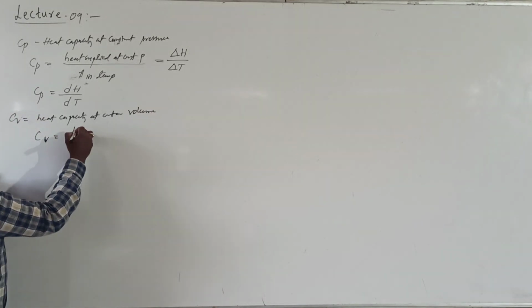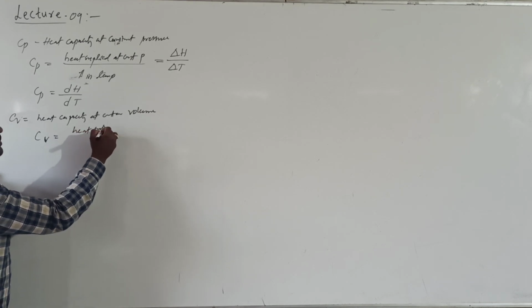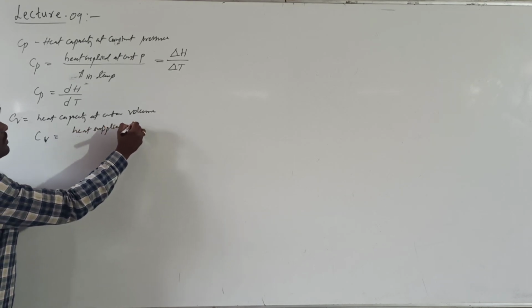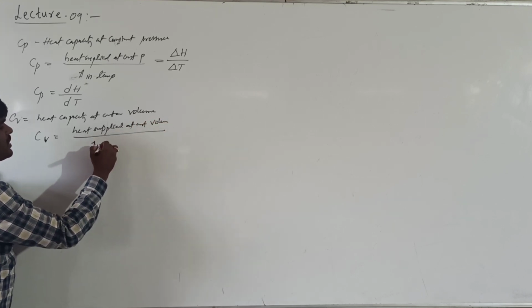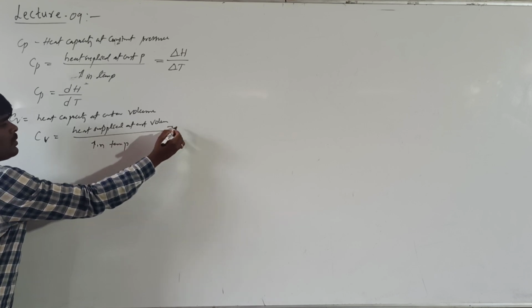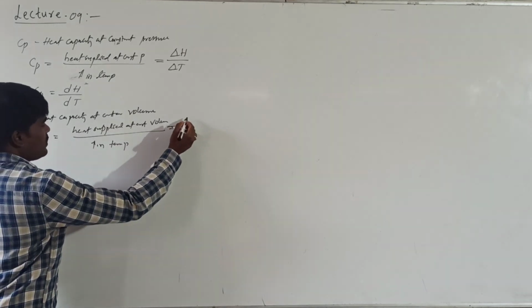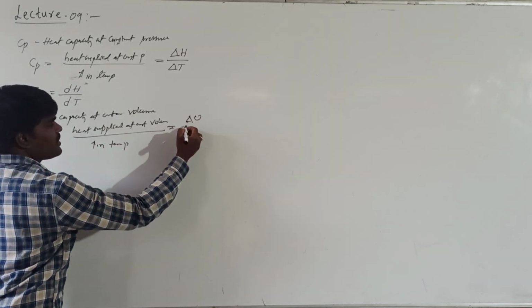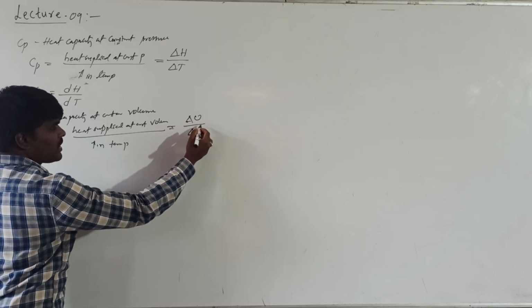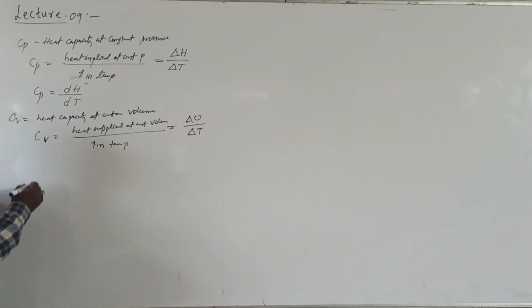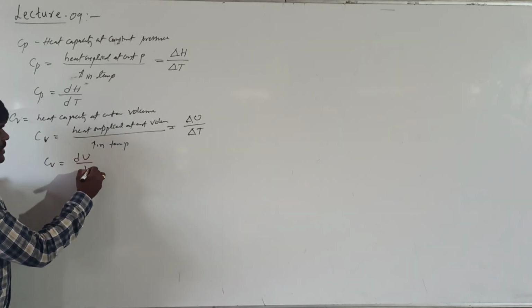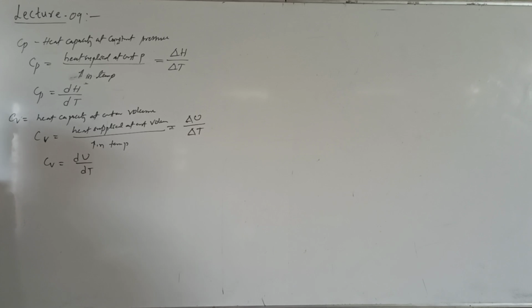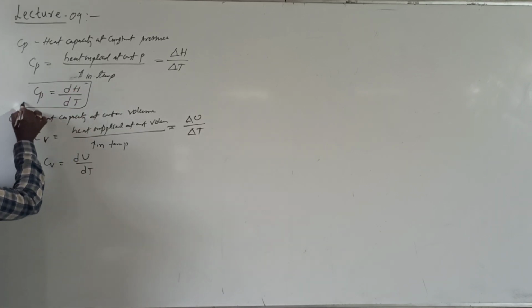Heat supplied at constant volume upon increase in temperature, which will be called delta U upon delta T. If it is a small change, we write dU upon dT. These are the expressions for Cp and Cv.